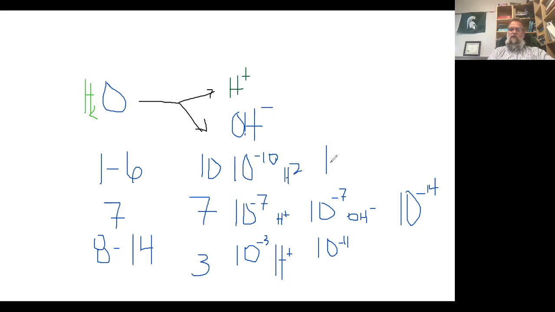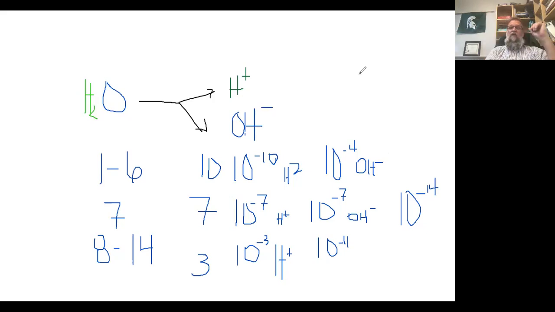Most of the solution is going to be 10 to the negative 4th, a much higher concentration of OH, making that a very strong base. So the pH value drops when you become more acidic because the exponent gets smaller, which means the concentration gets larger for the hydrogen concentration.